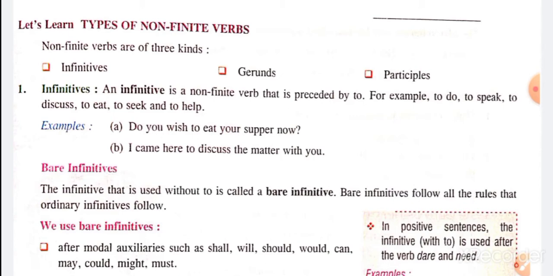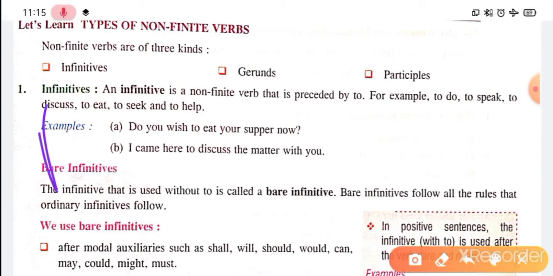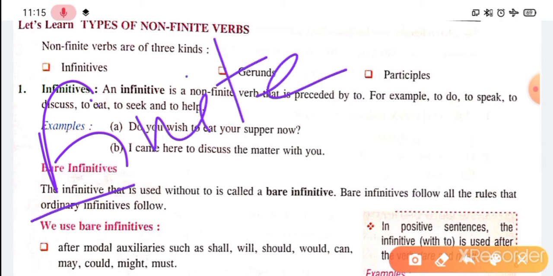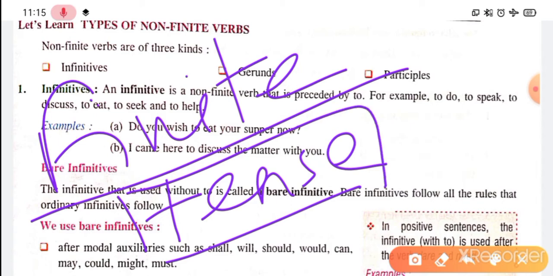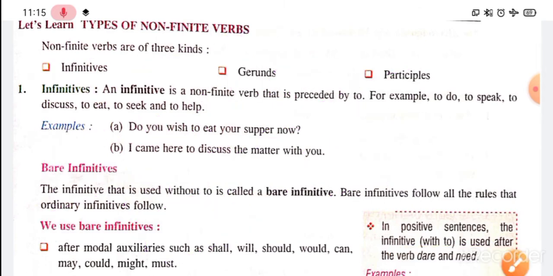Finite and non-finite. What is finite, guys? If you remember, if we have tense agreement with the verb, or if the verb has tense, or if the verb is changing as per the subject and tense, that verb is finite. That was simple.